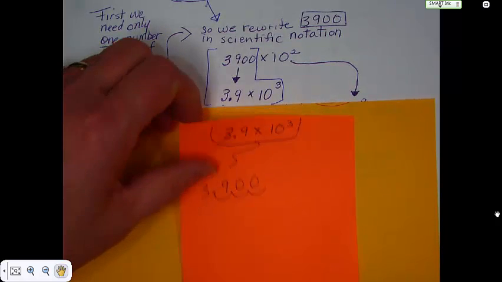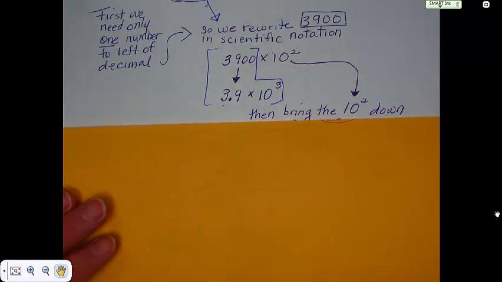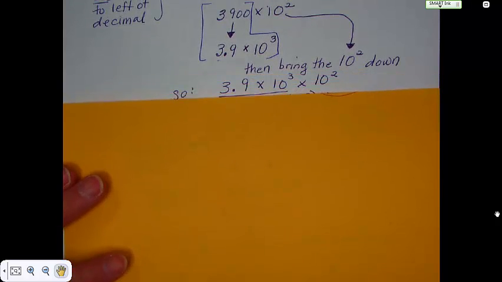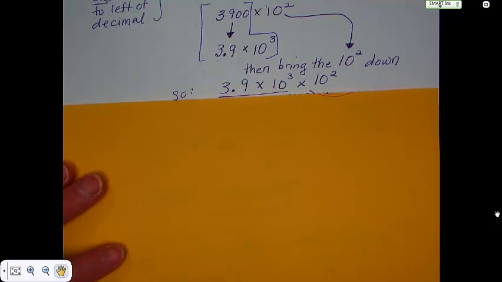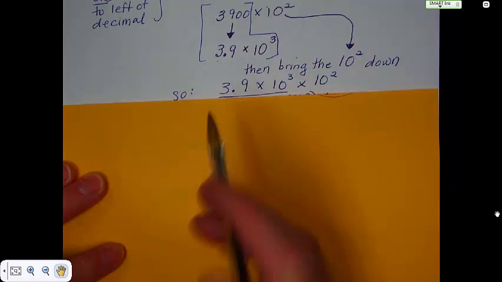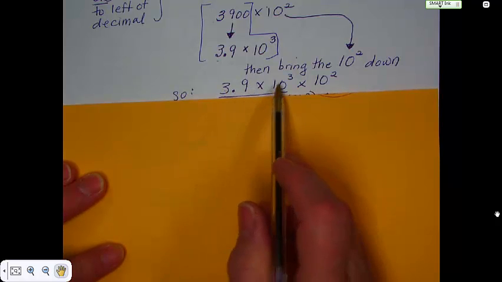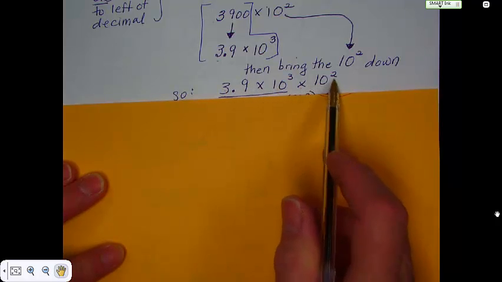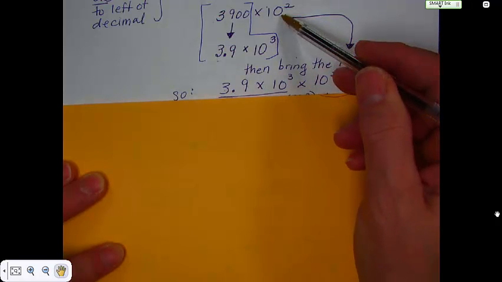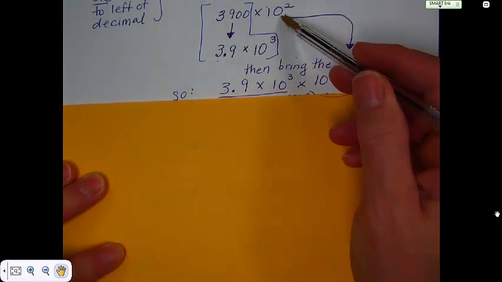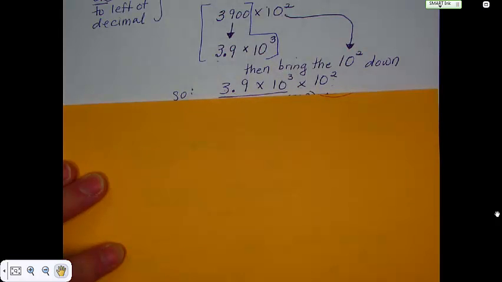Now we have to bring the 10 to the second power down too. We can't forget that. So this is how we're going to write it, and it seems kind of confusing at first, but it will keep you from making mistakes in the long run. 3.9 times 10 to the third power times 10 to the second, because we can't forget this 10 to the second. We ignore it to start with, but we can't forget it because it's still part of the number.